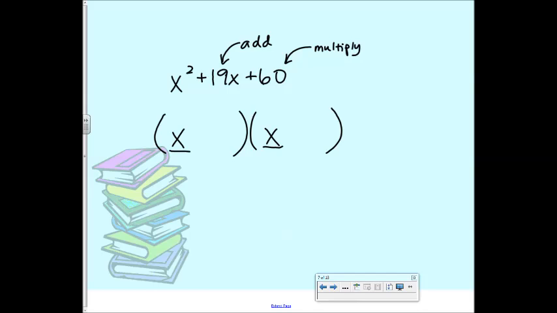So what are some things you can multiply to give you 60? Let's make a list. 1 times 60, 2 times 30. What else? 10 times 6, 12 times 5. 3 times 20.